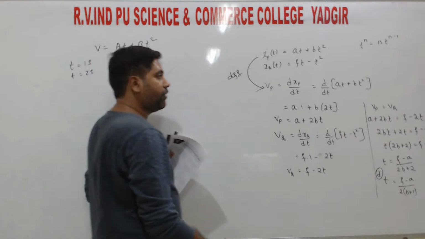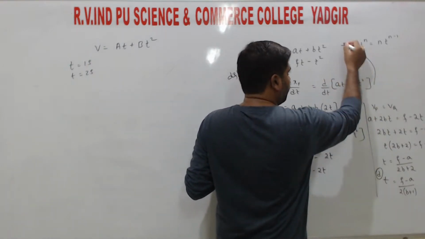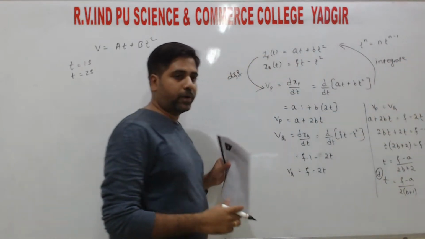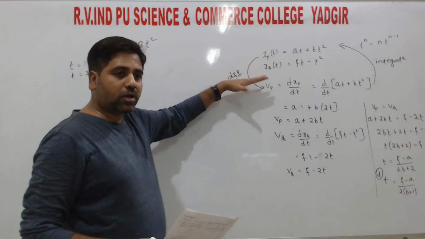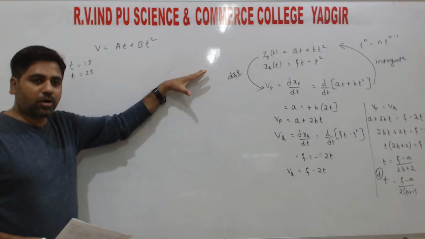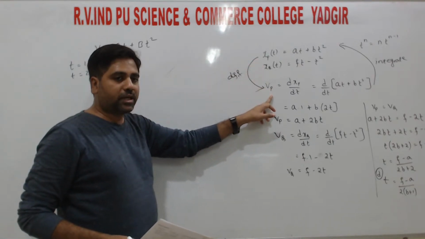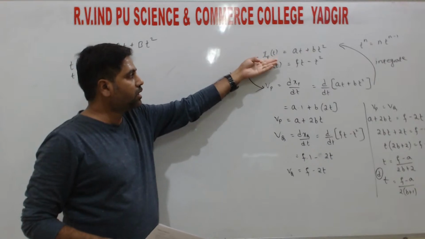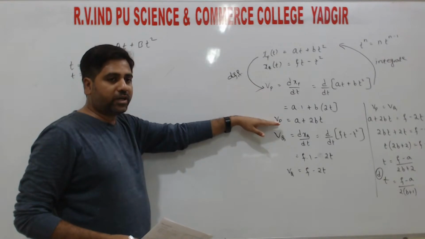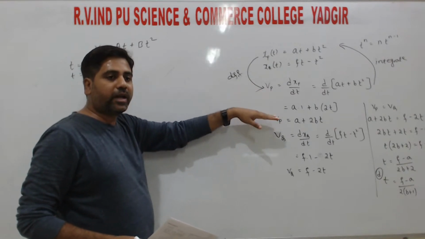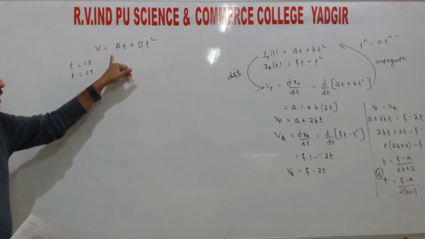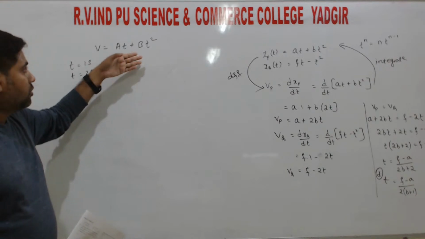In the same way, if we integrate the velocity, we get the displacement. Differentiation and integration are both reversible processes. We can do integration of the differentiation and differentiation of the integration. Differentiating displacement gives velocity, and integrating velocity gives displacement. If we again differentiate the velocity, we get the acceleration. If we integrate the acceleration, we get the velocity.